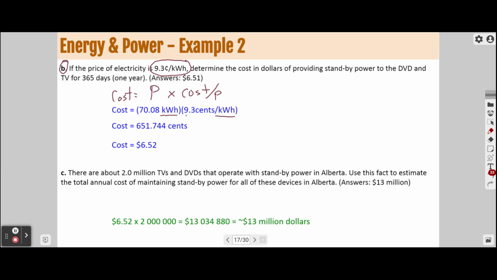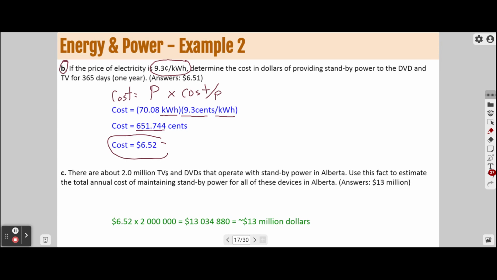It's cents though, so keep that in mind. So it's 9.3 cents. So when you multiply the power that we use, the 70.08 kilowatt hours, times the 9.3 cents, our answer is also in cents. So to change that to dollars, remember you have to move the decimal over by 2, because 651 pennies or cents is $6.52.